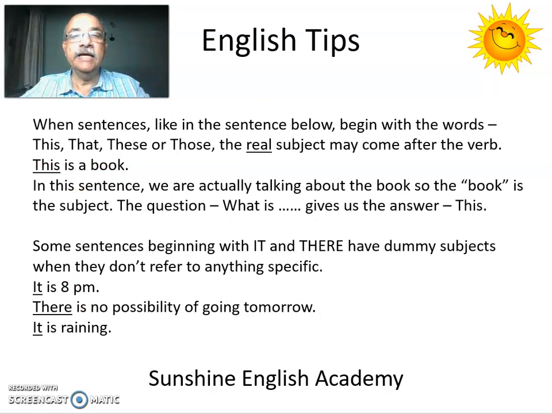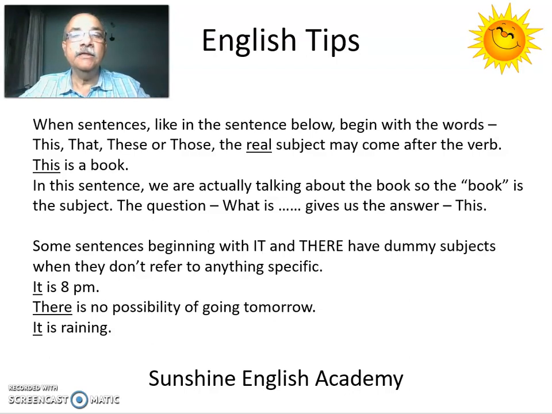In sentences like, this is a book, there is the formal subject, this, and there is a real subject, a book. A book is the real subject because that is what we are talking about. Some sentences have dummy subjects when they don't refer to anything specific.